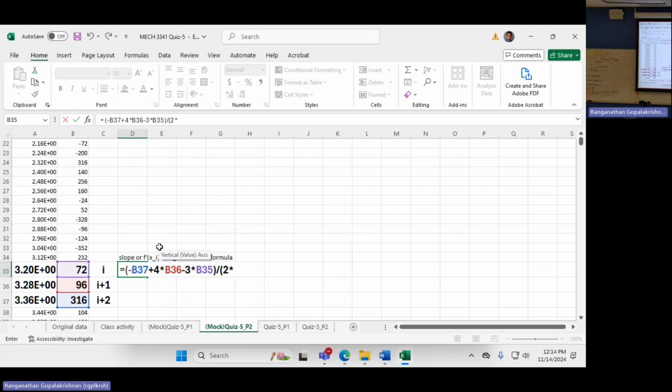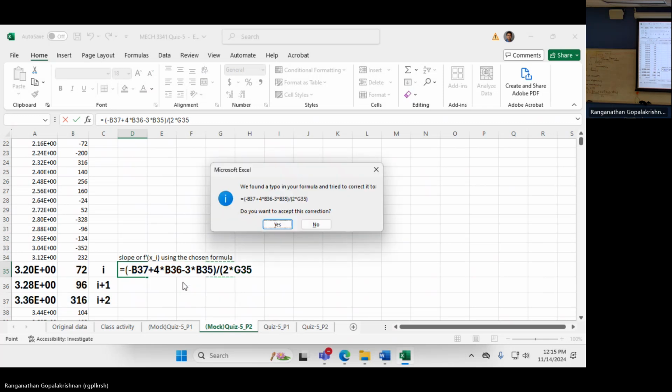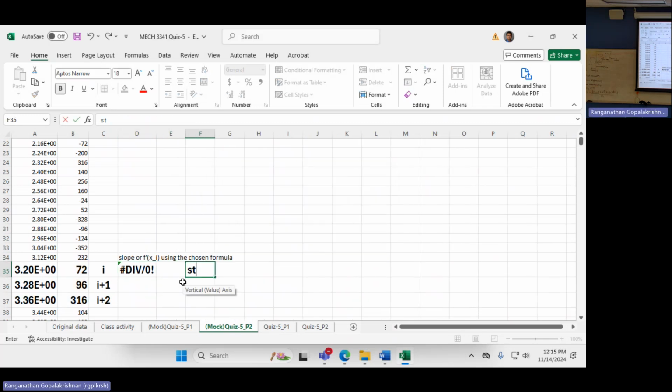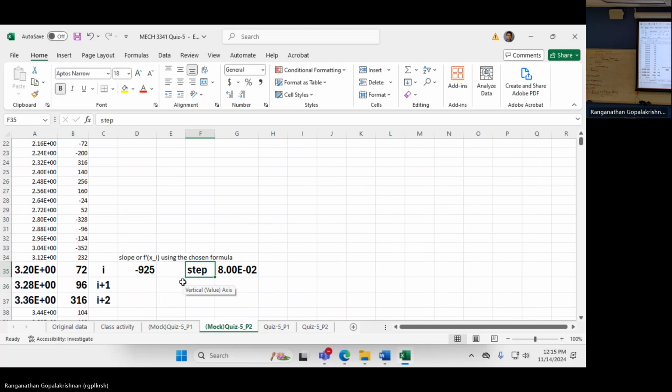I'll just say it is in this cell. So step length is, you can check this in this data set, a constant. So this is our slope using a second order accuracy formula and forward differencing.